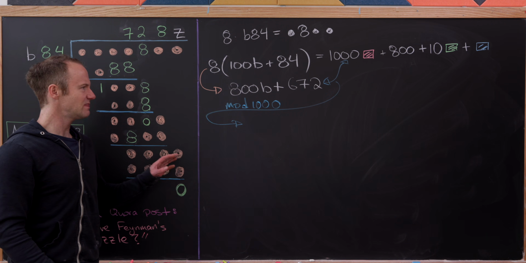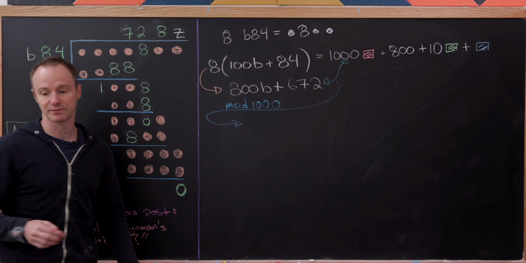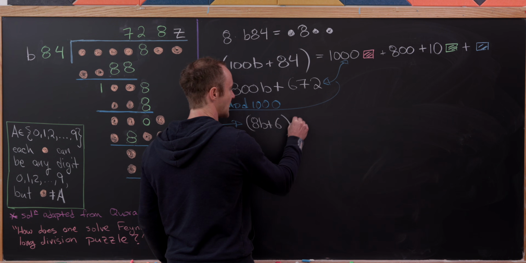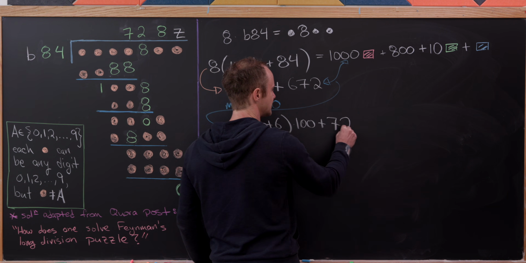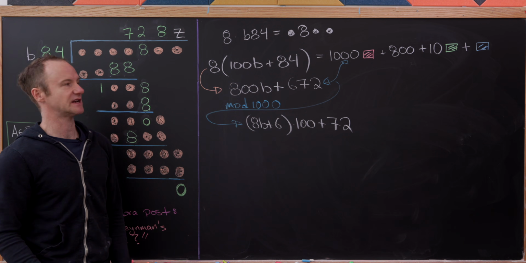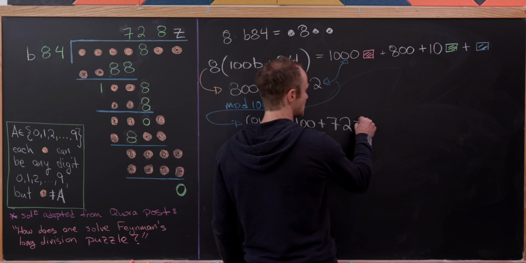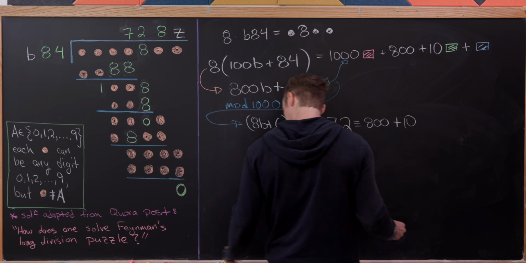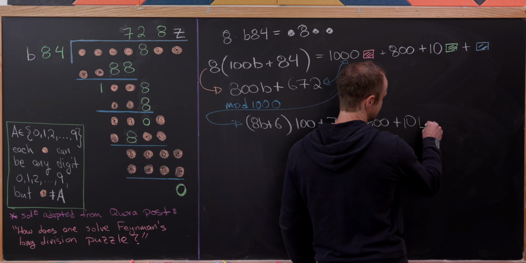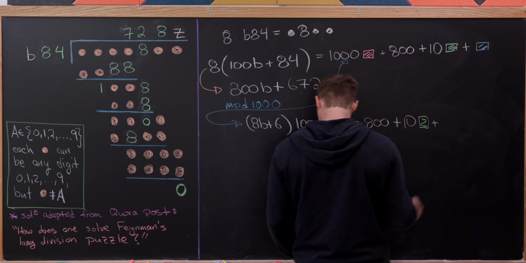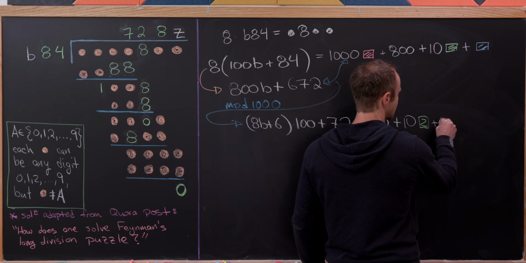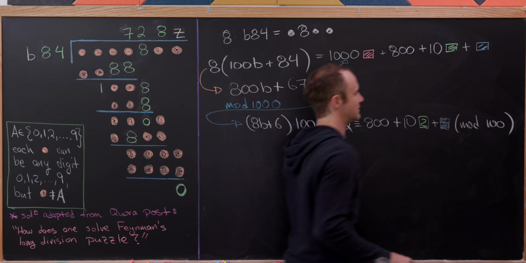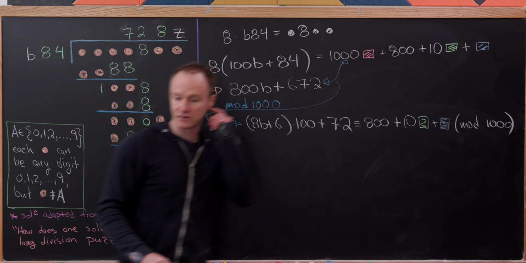So doing that, and then maybe doing a couple of arithmetic simplifications, will leave us with 8b plus 6 times 100 plus 72. So like I said, that's representing this left-hand side, is congruent to 800 plus 10 times this tens digit, plus the ones digit, which we represented by a blue box. And this is all occurring mod 1000, like I said before.